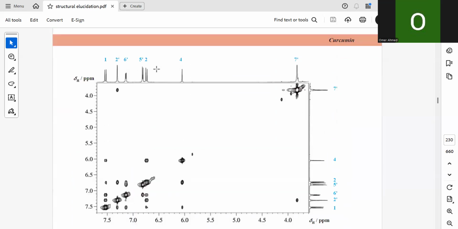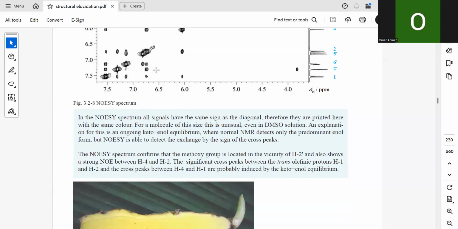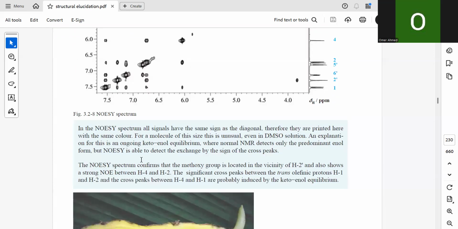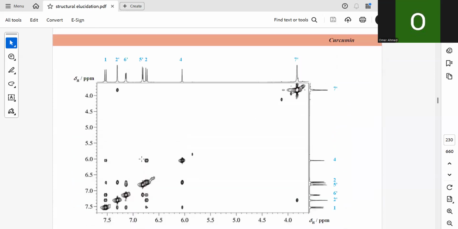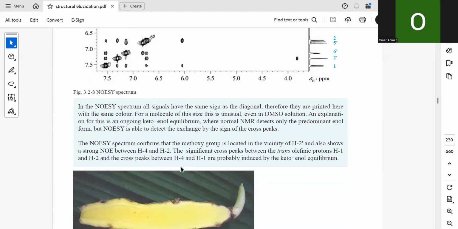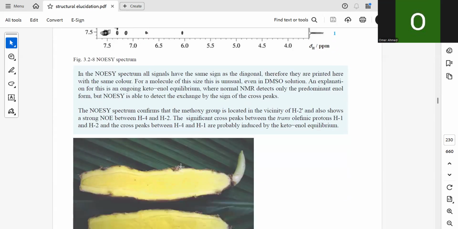The significant cross peaks between trans olefinic 1 and 2 also. 1 and 2, yes. And the cross peak of 4 and 1, yes, very clear. The correlations are probably induced by the keto-enol equilibrium.